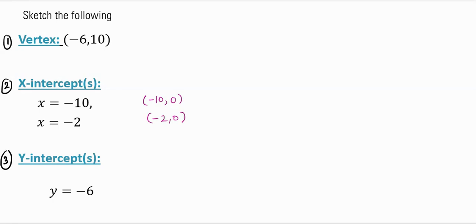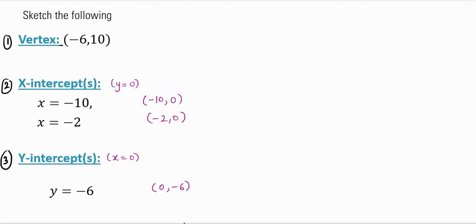Why is it so? Because x-intercepts are the points where the curve intersects the x-axis. It means y is 0. Similarly, for the y-intercept, the value of x is 0, so it may be given in the form of (0, -6). So you should know how to work with both of them.